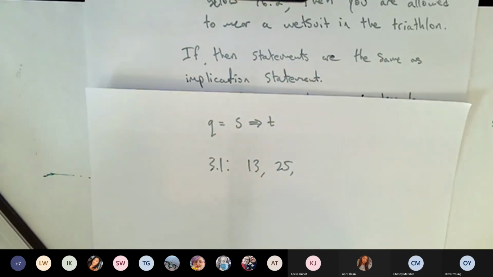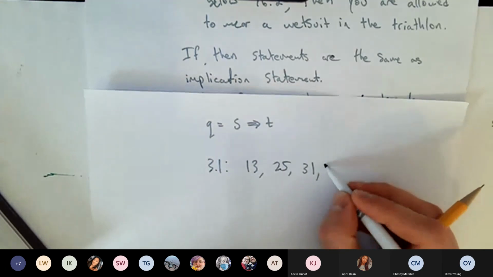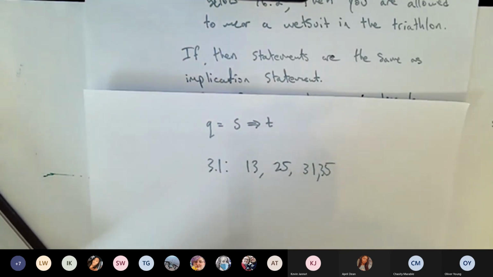How to use these symbols, how to negate things. 31 would be good too. And remember that the answers to these are in the back of the text. Ooh, and let's do 35 as well. I'm circling them in my textbook too, so I know which ones I'm telling you. And we can always talk about these because 31 and 35 might be a little tricky. So we can talk about those on Monday.